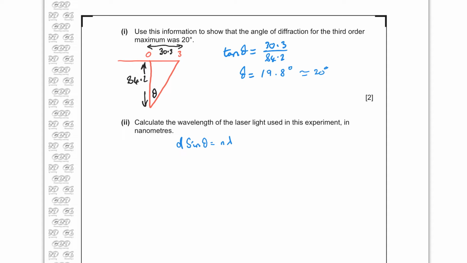So we need to work out our grating spacing based on what they told us, and what they did tell us was that in 1 millimeter there were 200 lines, and that gives us 5 times 10 to the minus 6 of a meter for d.